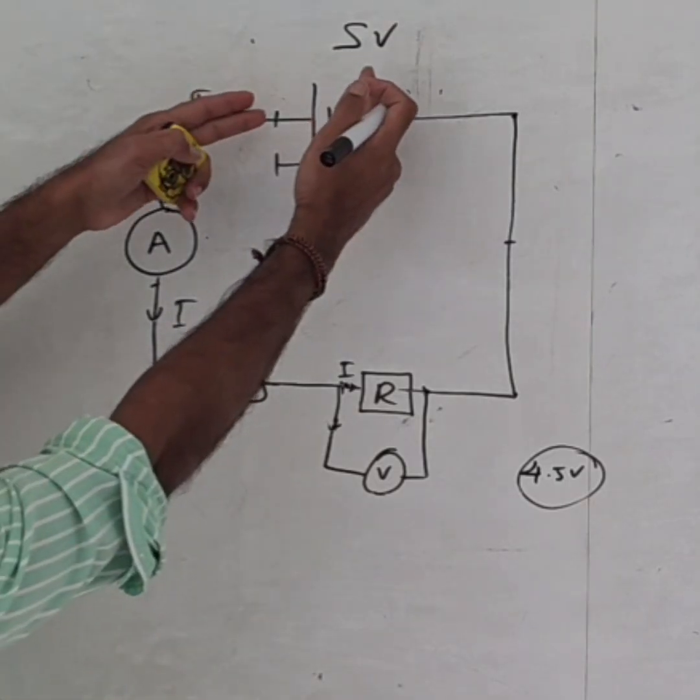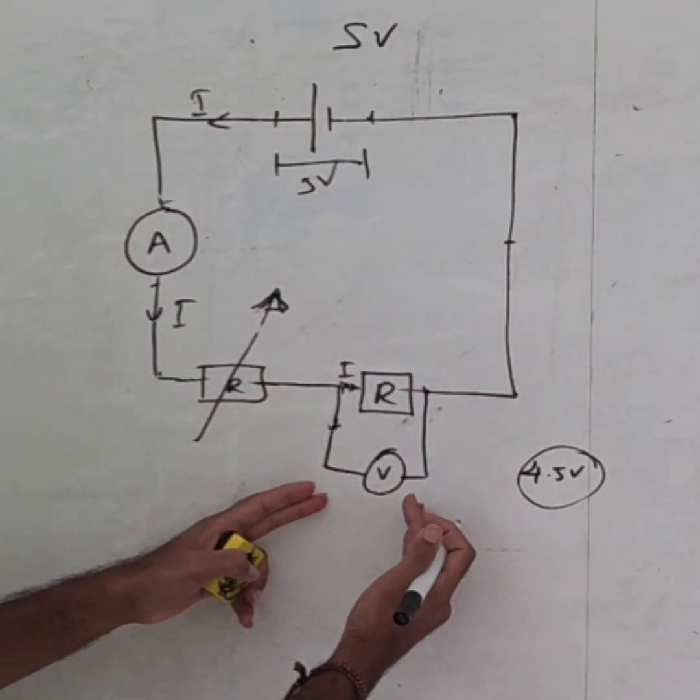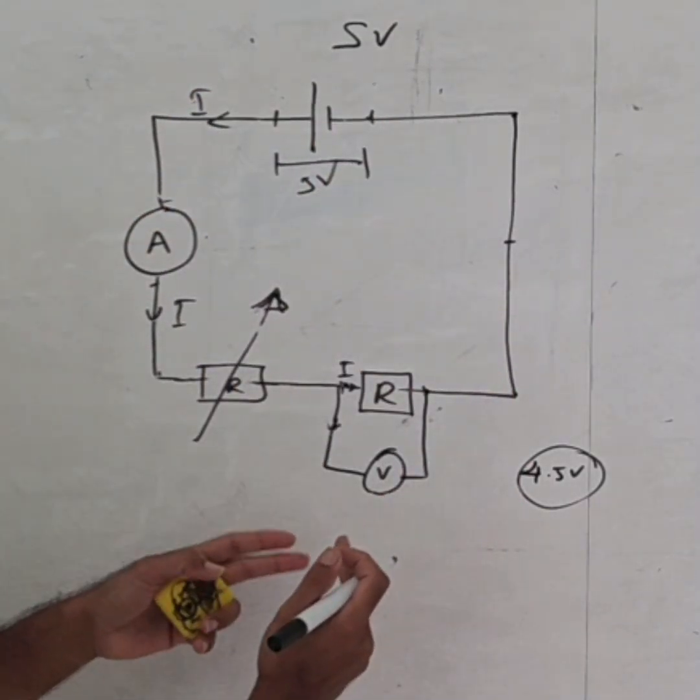Now, if I say this is 5 voltage, we can't say this voltmeter is also going to read 5 voltage or close to 5 voltage.